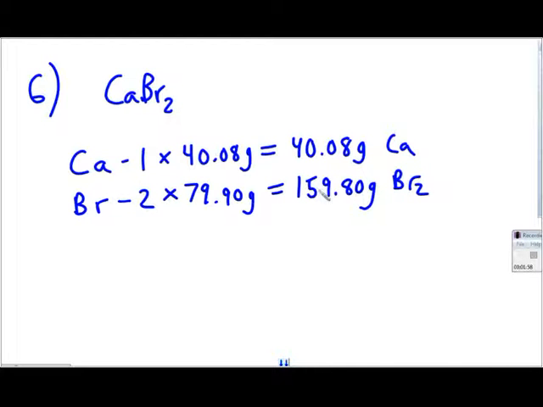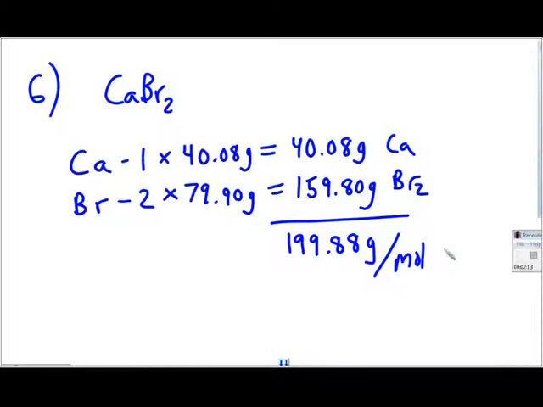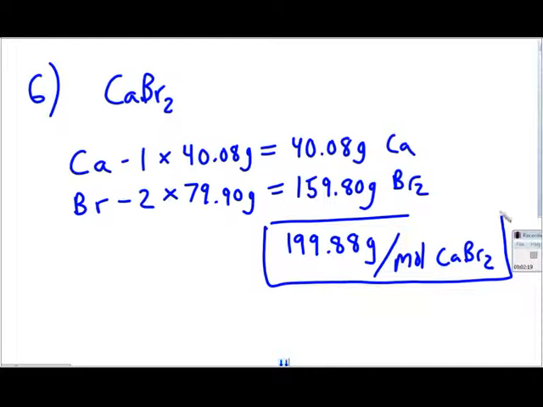So I add up my parts, and I find out how much a mole of this weighs: 199.88 grams per mole of my substance, calcium bromide. So that is my answer. For every 602 sextillion of these, it weighs 199.88 grams. Let's take a look at number 7.